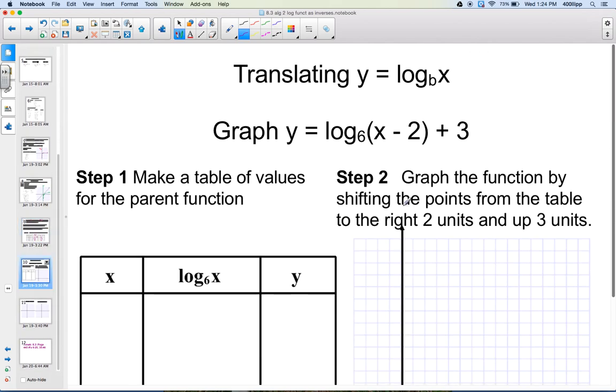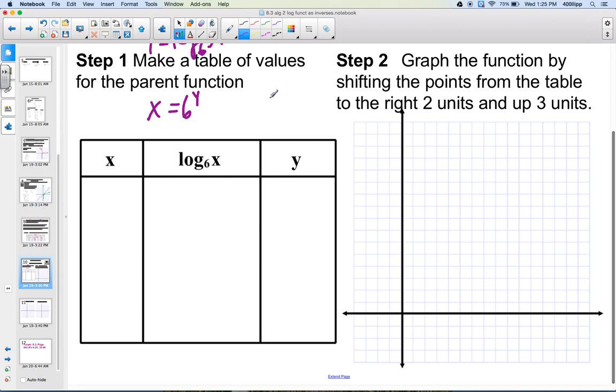Okay, so let's do a translation here. The first thing you're going to do is graph the parent graph, which is y equals log base 6 of x, which we can change from logarithmic form to exponential form, which is 6 to the y is equal to x. Since my y is going to be my exponent, I'm going to plug in values for y.